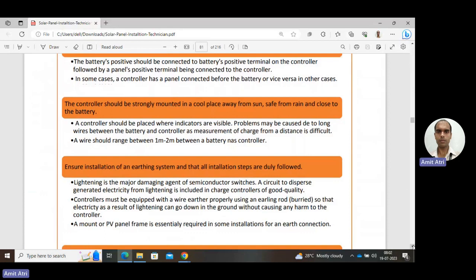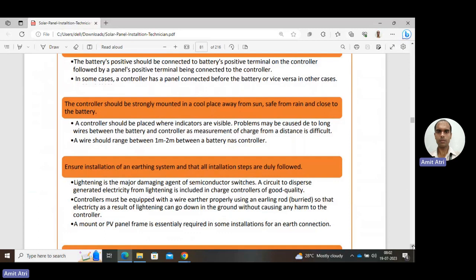Another precaution is to ensure installation of an earthing system and that all installation steps are duly followed. Lightning is a major damaging agent of semiconductor switches. A circuit to disperse electricity generated from lightning is included in a charge controller of good quality. The controllers must be properly earthed using an earthing rod.